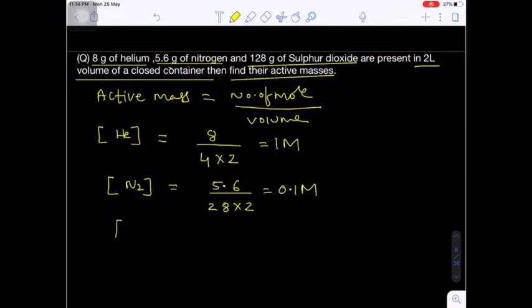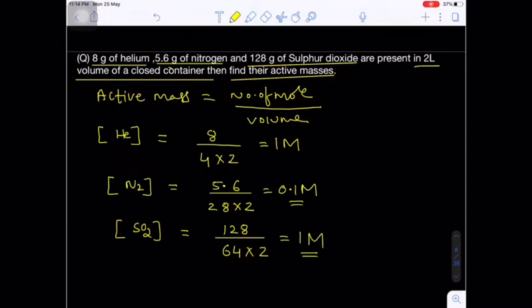And one more gas is there, that is sulfur dioxide. Okay, now what is the weight of sulfur dioxide given to you? 128, divided by the molar mass of sulfur dioxide, which is 64. How? Sulfur atomic mass 32, each oxygen 16, there are 2 oxygens, 32 plus 32, 64, divided by the volume of the container, that is 2 liters. Again the answer will be 1 mole per liter.